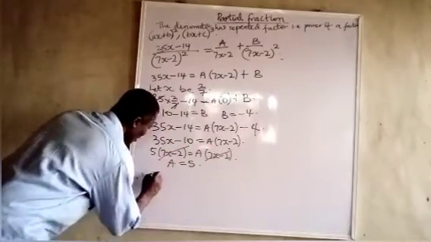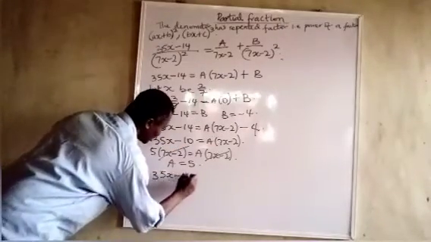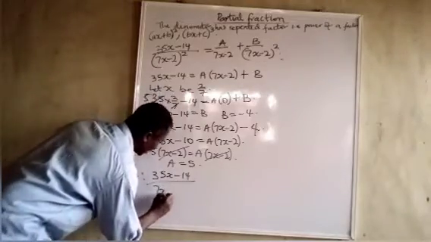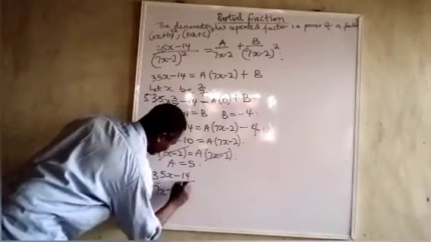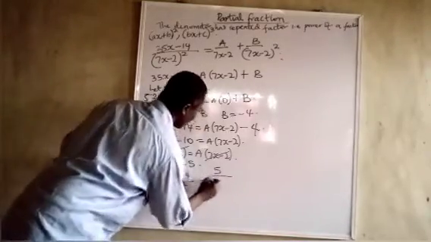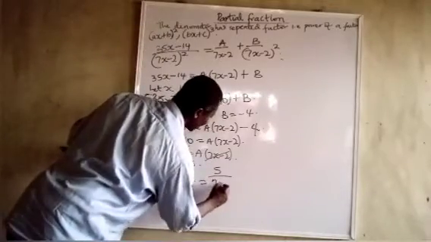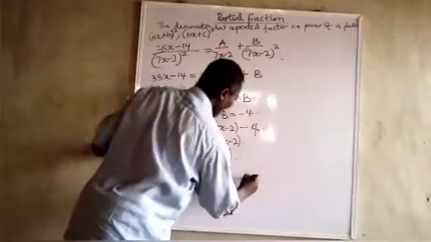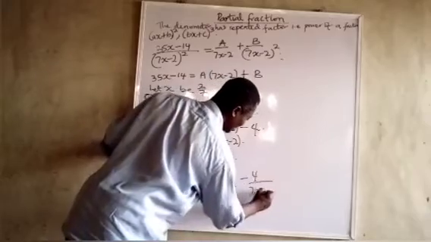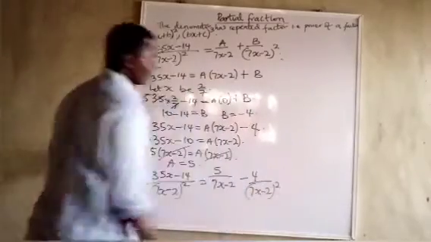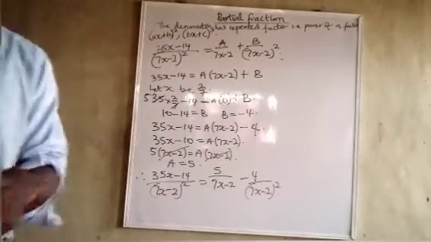Therefore, 35x minus 14 over 7x minus 2 squared will be equal to 5 over 7x minus 2 minus 4 over 7x minus 2 all squared. So that's what we have.